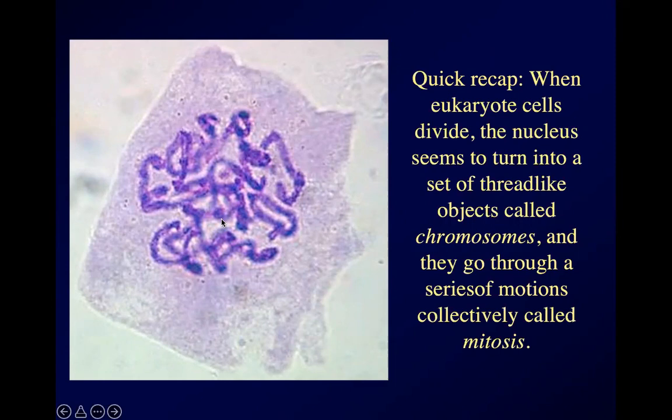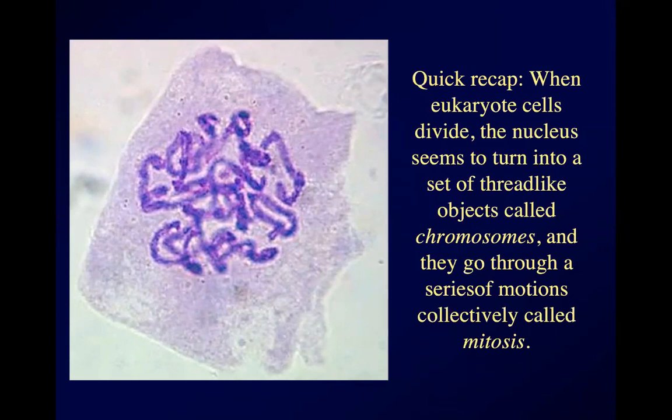Chromosome means colored body, because chromosomes stain very strongly with various artificial stains, such as methylene blue, which I know you've used. And when the cell divides, they go through a little dance called mitosis.